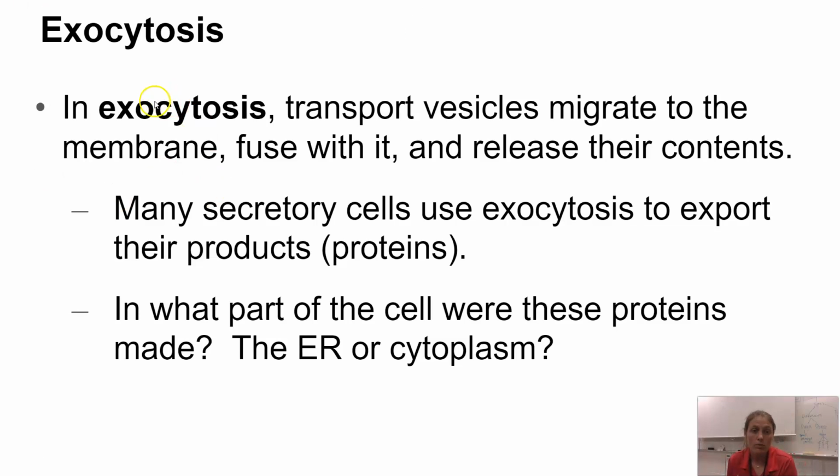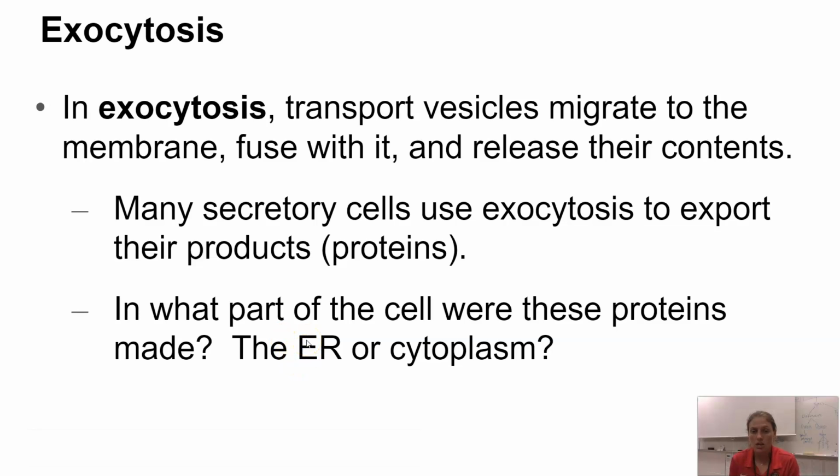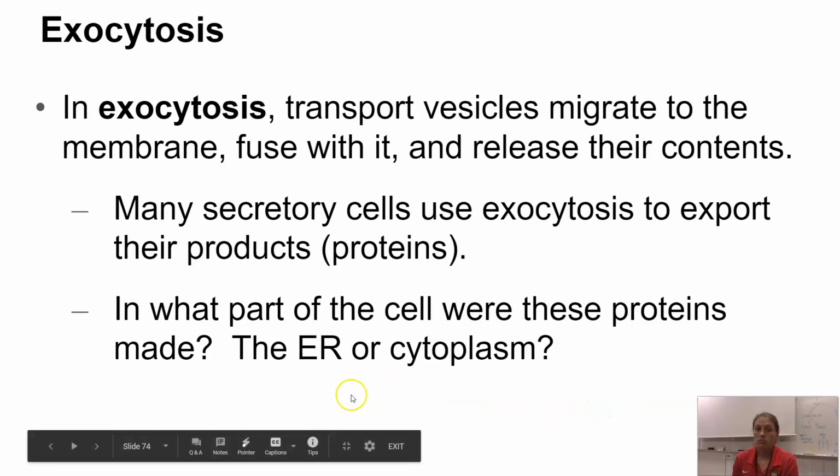And so that would be an example of exocytosis, that we are exporting products all the way outside of the cell. And so again, we have to get energy for this in the ER. Okay, we're going to make the vesicle itself, and we're going to encapsulate whatever we're trying to transport out, and we're going to ship it through the cytoplasm, where we can export it and secrete it.